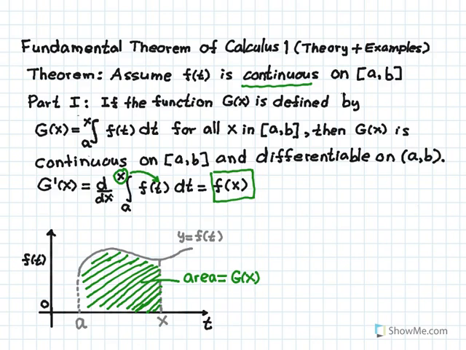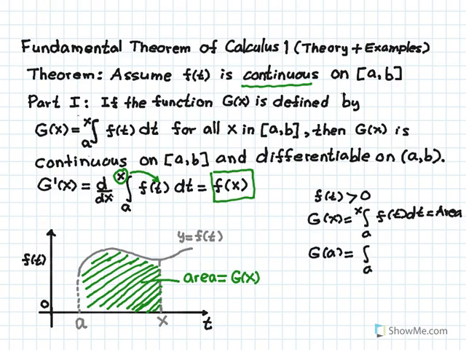Let's notice some things. Let's assume that the function f of t is larger than 0. G of x is equal to the integral from a to x of f of t dt. This is just going to be the area under the curve. G of a is the integral from a to a of f of t dt, and we know this area will just be 0 because it's just a vertical line and has no area.